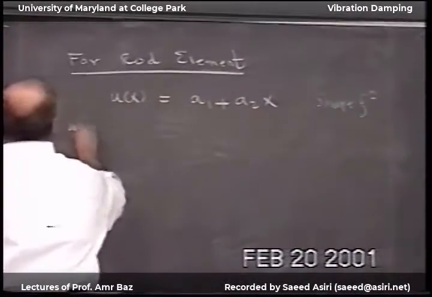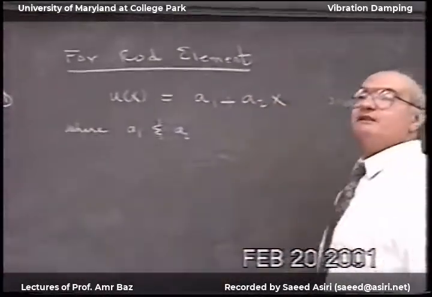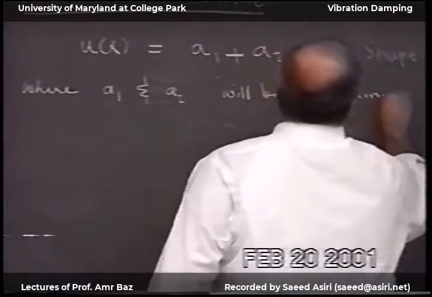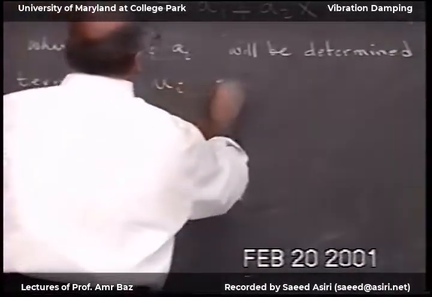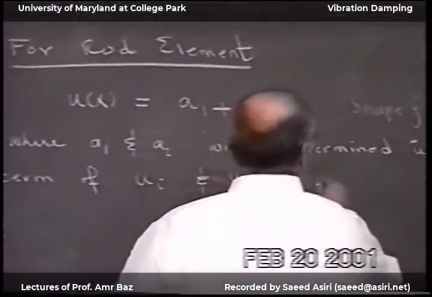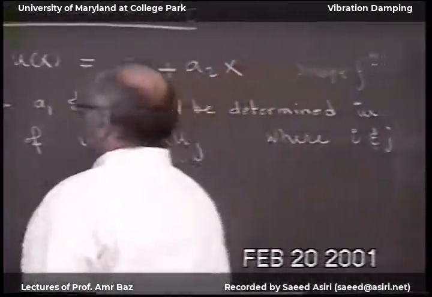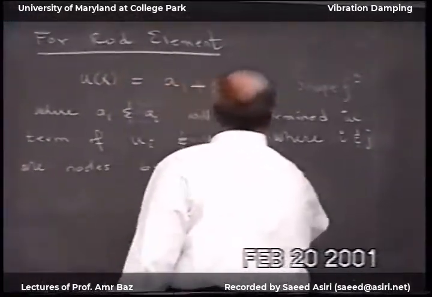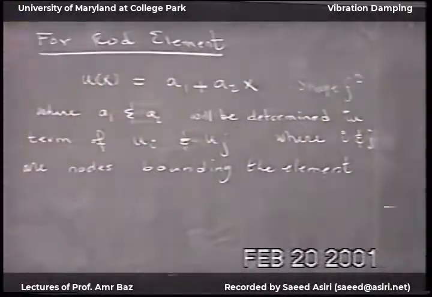And where the a1 and a2 will be determined in terms of the nodal displacement at ui and uj, and these two are the nodes that bound the element, where i and j are the nodes bounding the element. And this is a one-dimensional case.